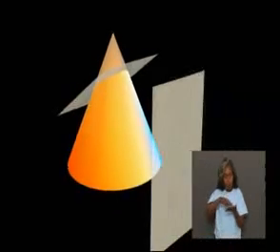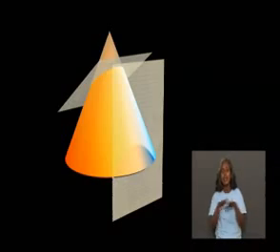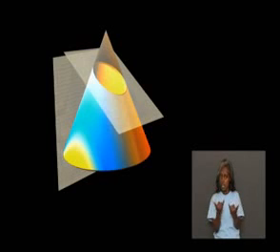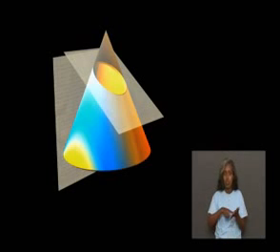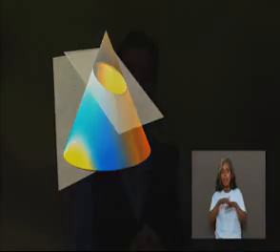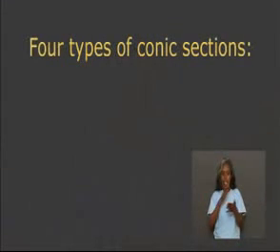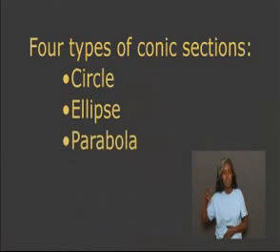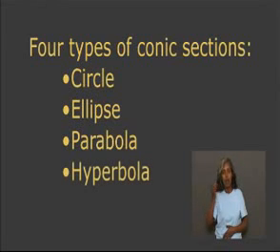Conic sections are created when a plane cuts a cone at various angles. The shape of the resulting intersection forms a curve along the points where the cone and plane meet. Depending on the angle of the cutting plane, the intersection with a cone will form a circle, an ellipse, a parabola, or a hyperbola. These are the 4 types of conic sections.